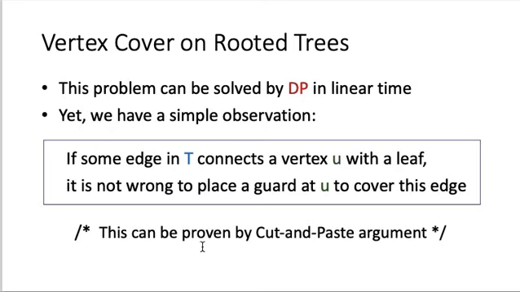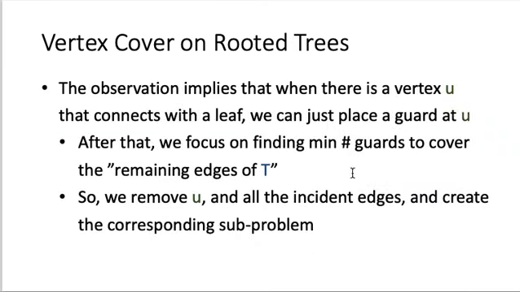So in such a case, this is like the greedy choice. If ever we need to place a guard at a leaf, then we do not place it. We place it at the vertex that connects to the leaf. So this is our greedy choice. So here, this is exactly what I'm reading. And so let's read it again.